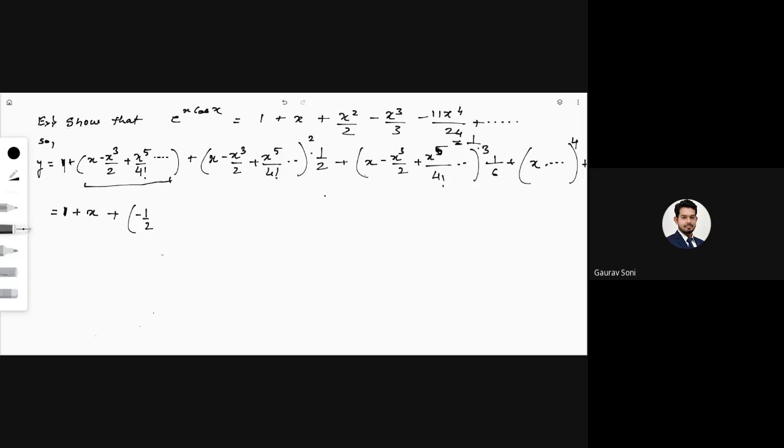For the square term in the second bracket, x minus x cubed by 2, plus x raised to 5 by 4 factorial, this will be multiplied to itself. So when this is multiplied to itself with 1 by 2 as the coefficient, what we will have, x into x, that is x square, 1 by 2 x square, right?